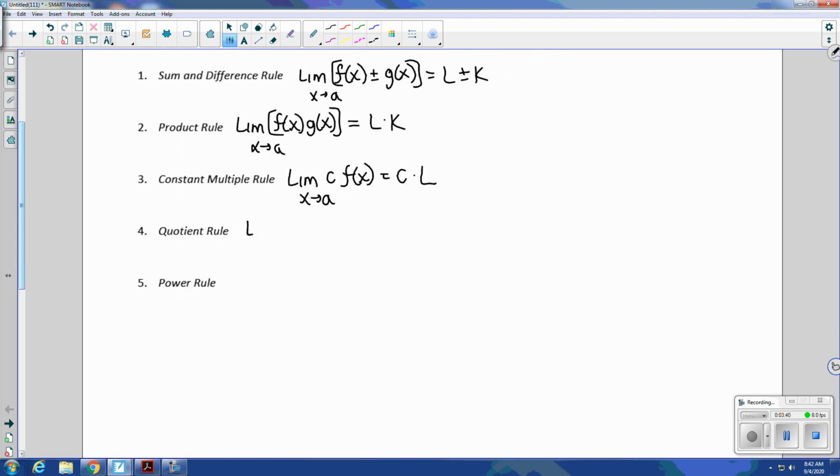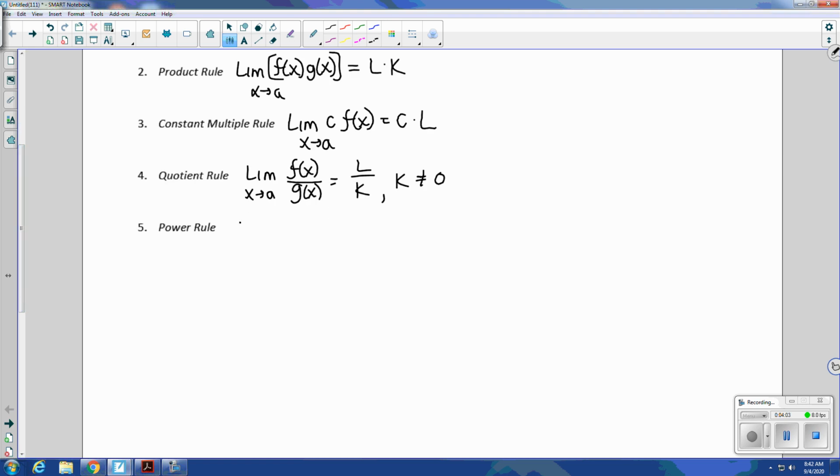Quotient. If we have the quotient of two functions in which we need to determine the limit, we can determine the limit of each function individually and take the quotient of their limits, as long as the limit of the denominator is not equal to 0. And lastly, the power rule.